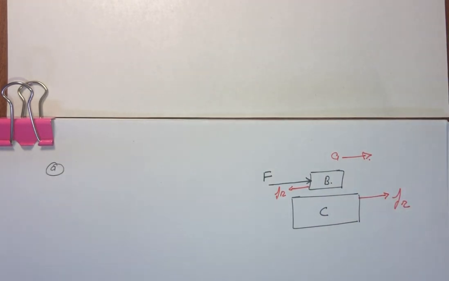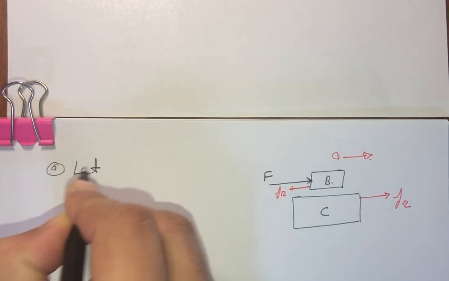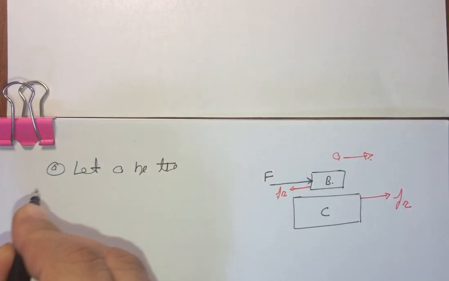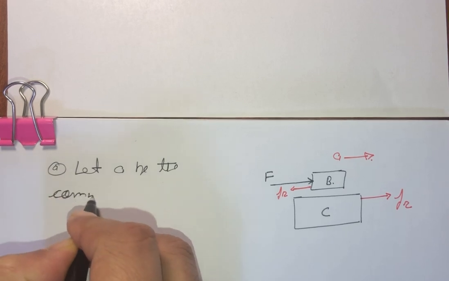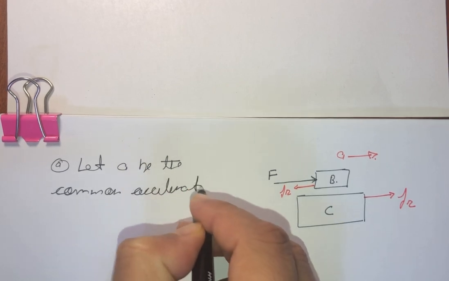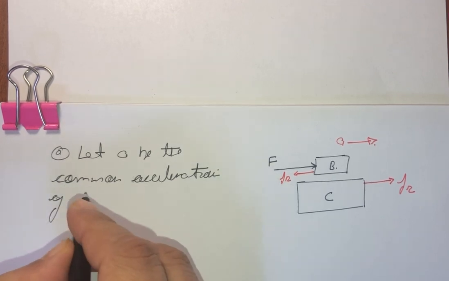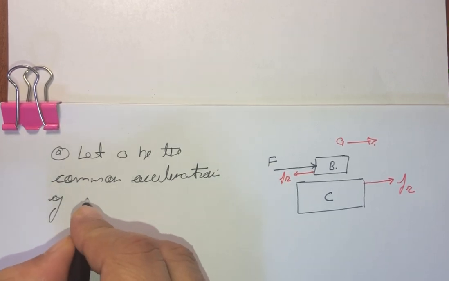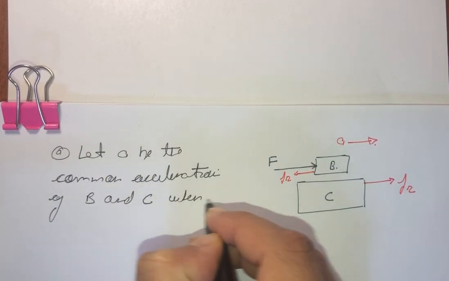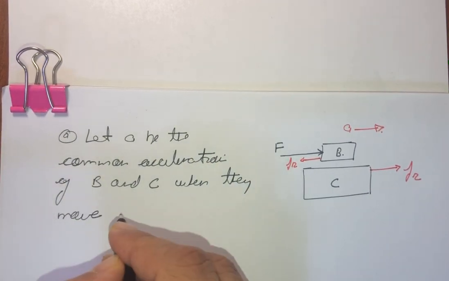Okay. So we can say that let A be the common acceleration of B and C when they move together.